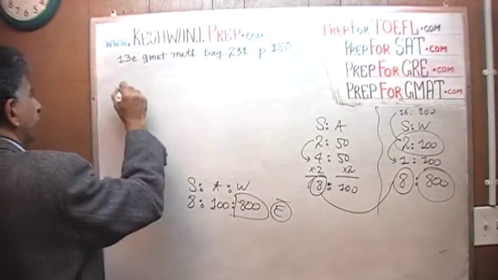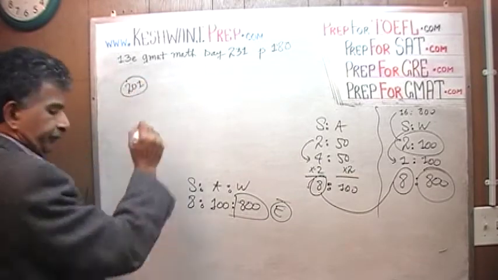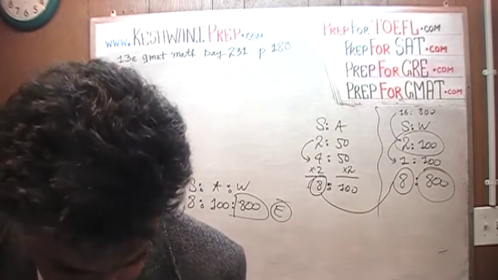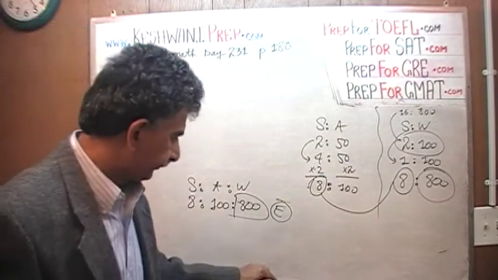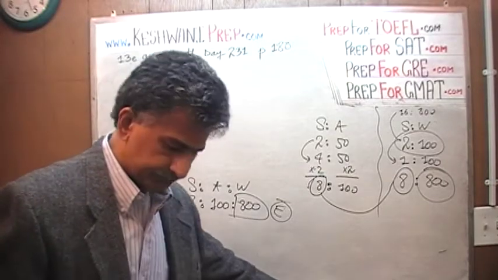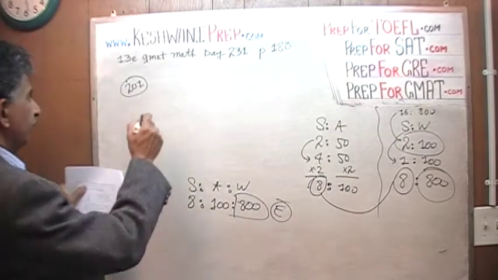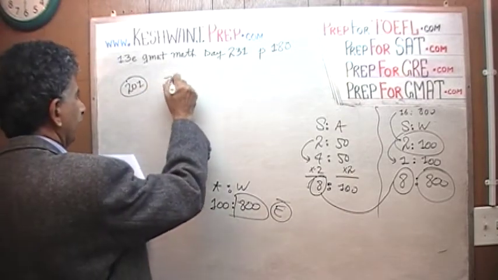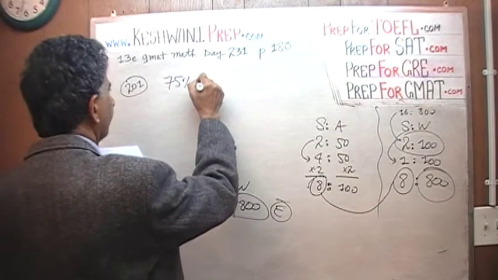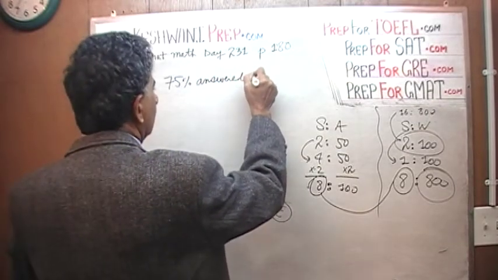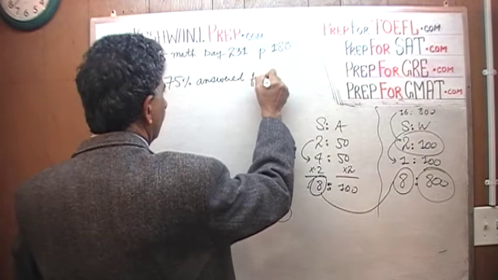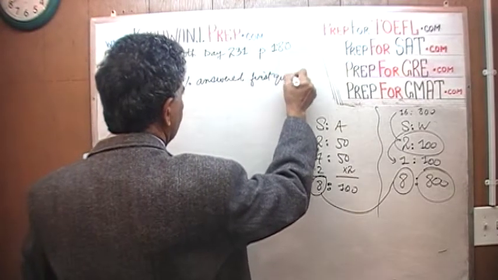Number 201. Let's see what we have there. Oh, 201 has to do with the Venn diagram. Let's see what we can do here. It says 75% of people answered the first question correctly.